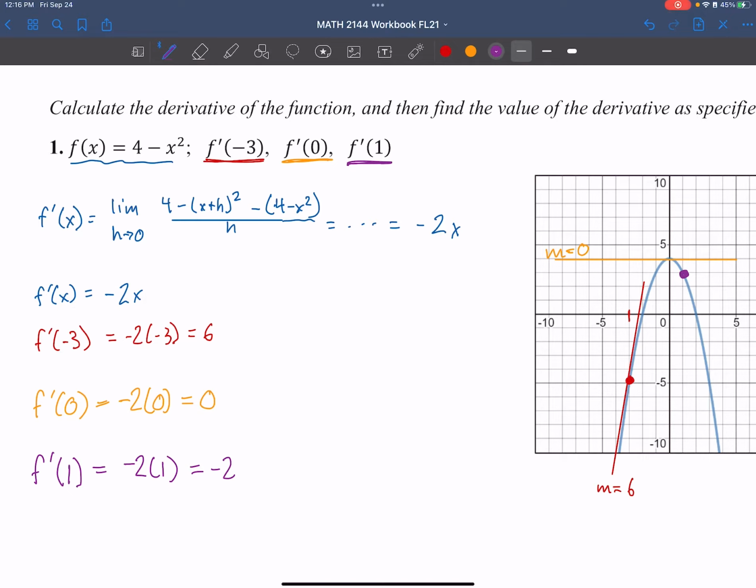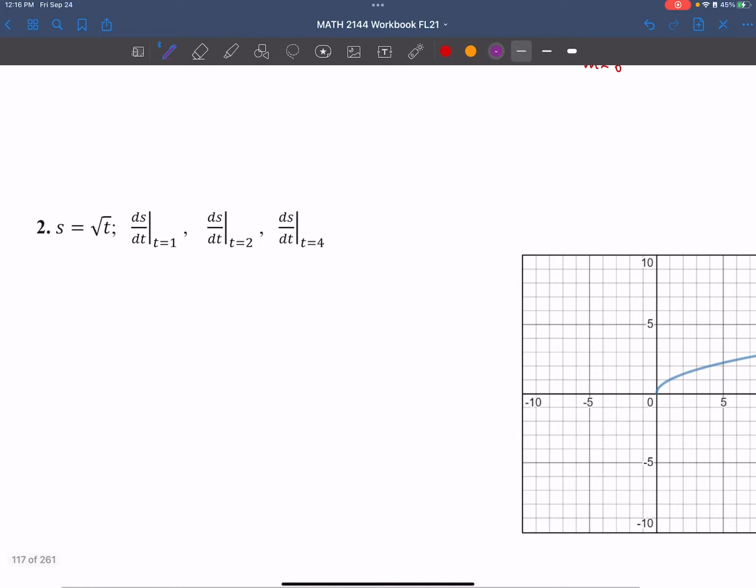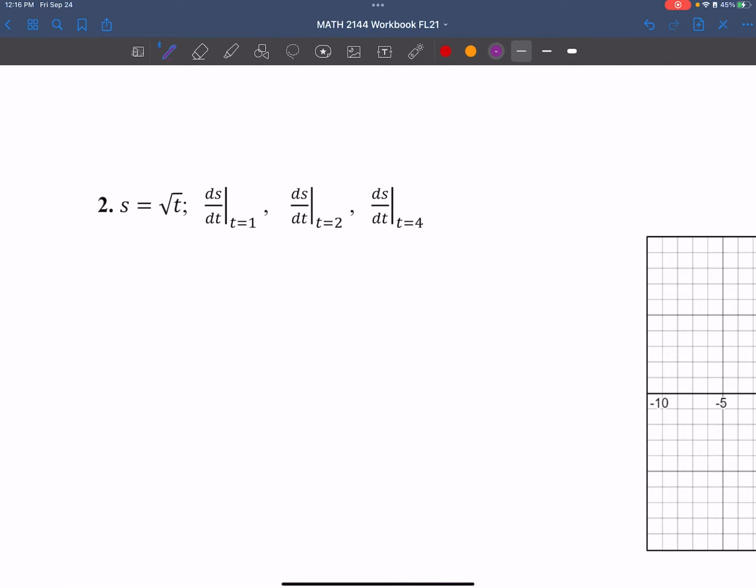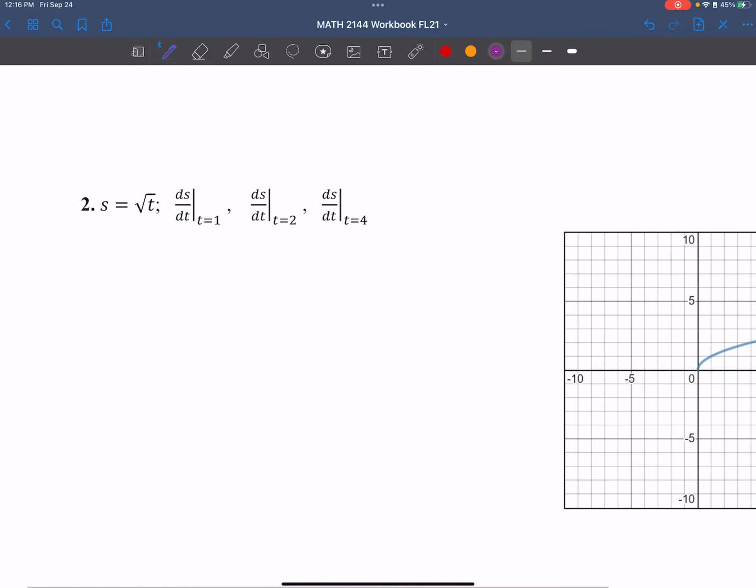All right, so let's slide down here and look at the other notation. So again, here we're considering an example relating s and t. Just to make sure that you're comfortable with what it is in relation to what we have above, you could think about this as f of t is equal to the square root of t. This first problem is asking us to find f prime of 1.